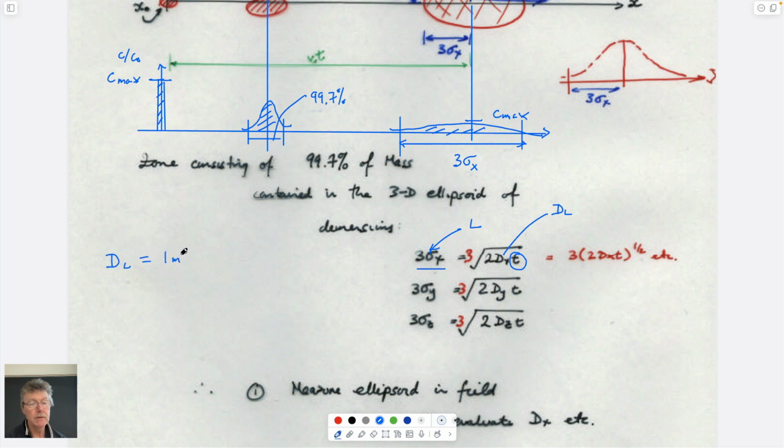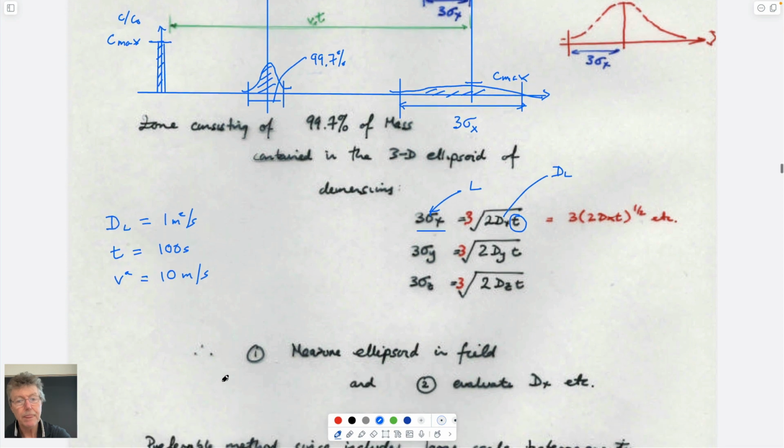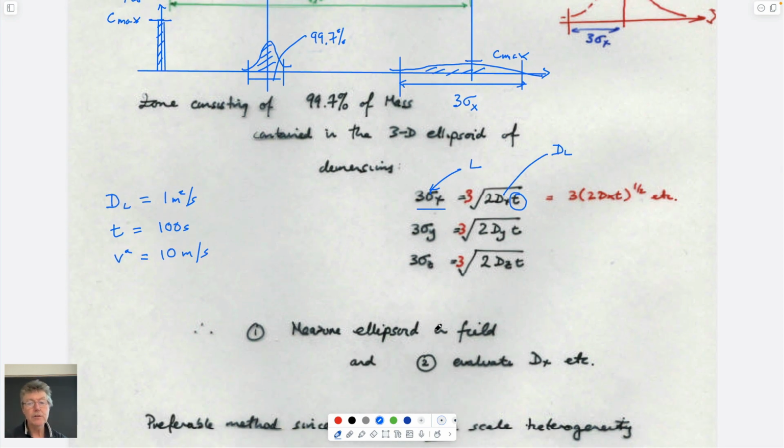Or alternatively, if you knew what dl was, 1 meter squared per second, and you knew that the time was equal to 100 seconds, and you knew that the velocity was equal to 10 meters a second, then you could calculate exactly how far downrange the plume had gone.